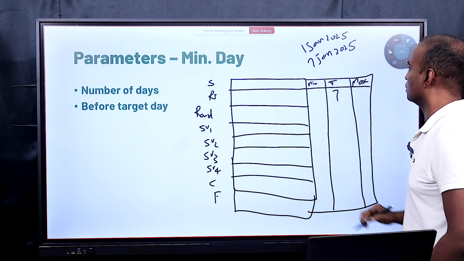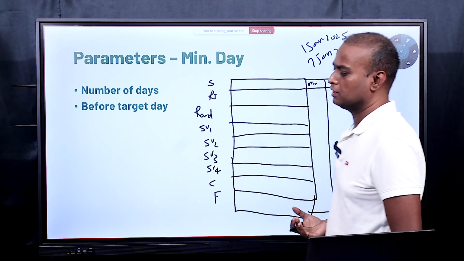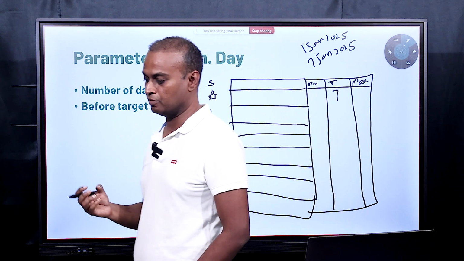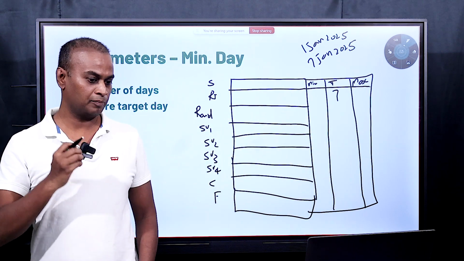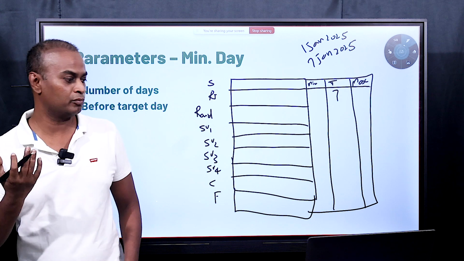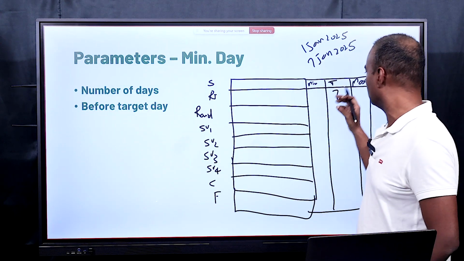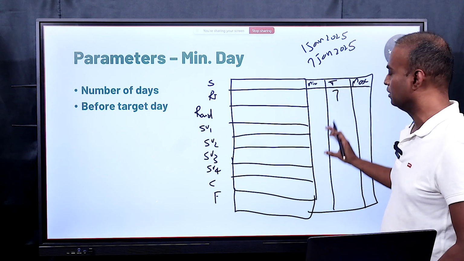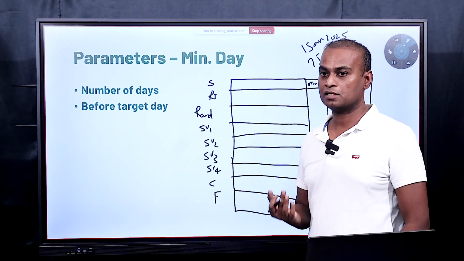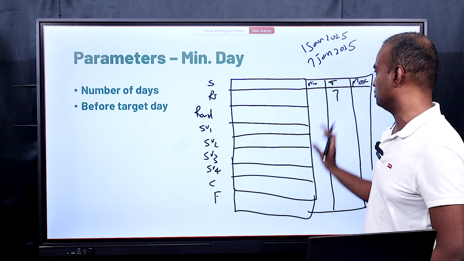Actually the patient has to come on 7 Jan, but practically it is not possible, right? The patient may be somewhere else, or an old patient, 80 or 90 years old. When I say you have to come on the same day, the 7th day, it will not be possible. That's the reason we give some range.